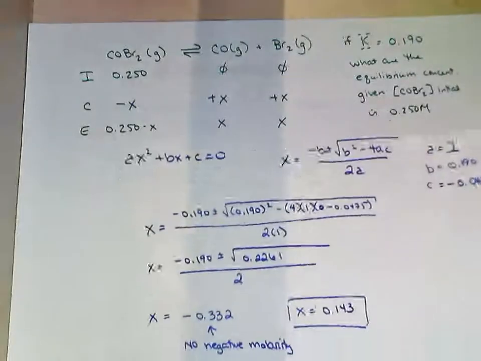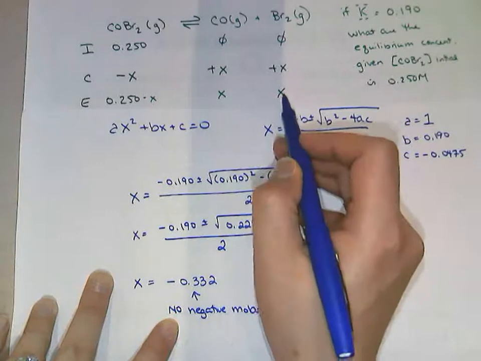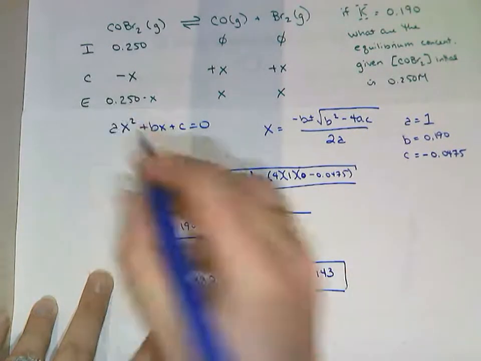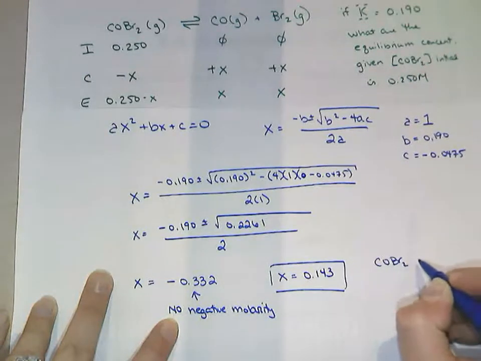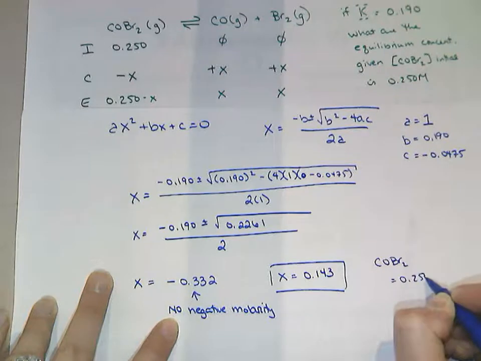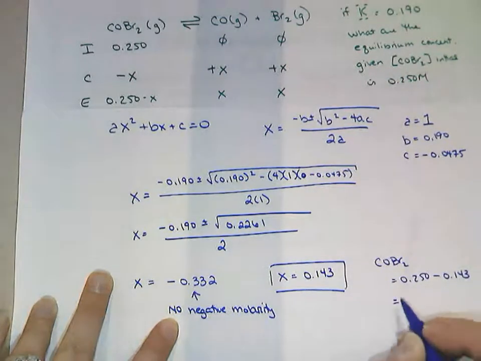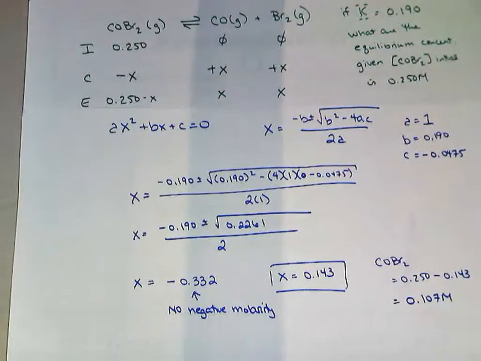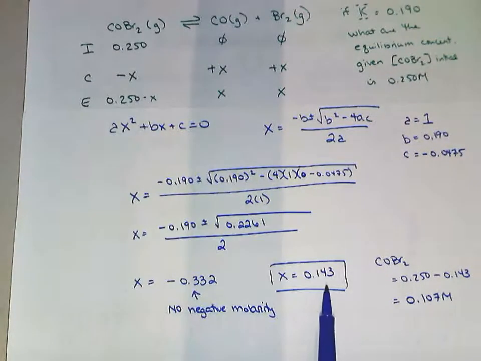Going back to our ICE chart, for both carbon monoxide and the bromine gas, we're done. That is x. But for the COBr2, it was 0.250 minus 0.143, which means its equilibrium concentration is 0.107. That makes sense because it was a reactant and it's going to lose this amount to make the new value.